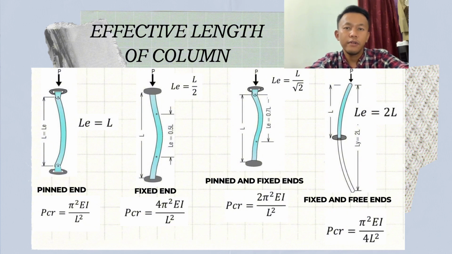By the idea of an effective length, the critical loads for columns with varied support conditions may be related to the critical load of a plain column. Okay, this is an example of effective length of column. And the next slide, Fazli will explain about fixed and free ends.